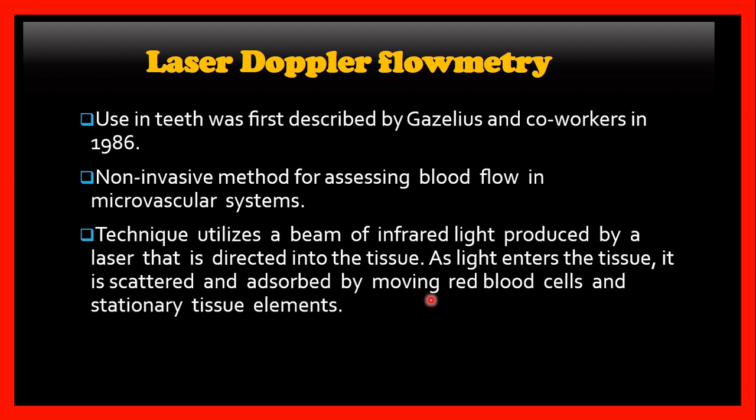But still, how do they test the pulp vasculature? The question here again comes. Because the RBCs contribute the maximum number of moving objects in the pulp, measurement of the Doppler shifted backscattered light is interpreted as an index of pulpal blood flow.